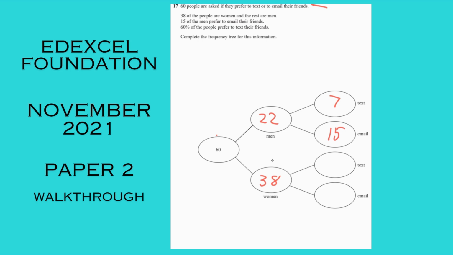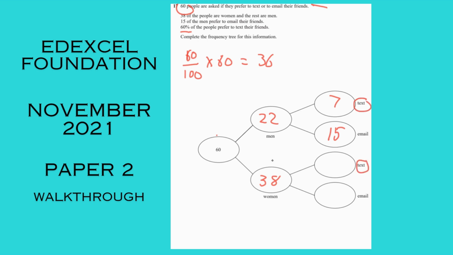60% of, stop right there, don't overcomplicate things. It says 60% of the people prefer to text their friends. So 60% means out of 100, times by 60 people in the survey, 36 people prefer to text their friends.